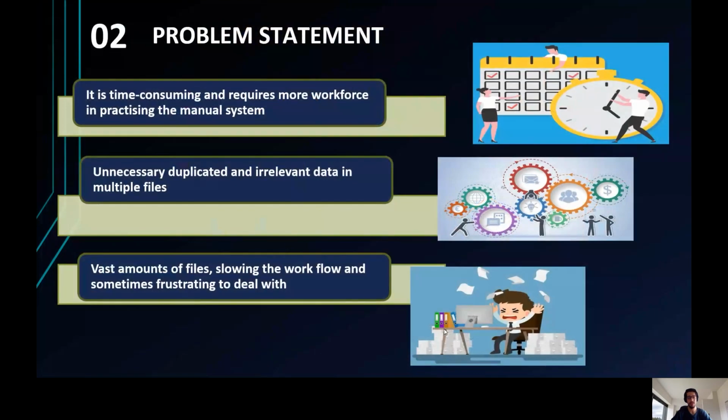The problem statement is that some universities are still using a manual system such as Excel worksheets, and this is time consuming and requires more workforce. It also generates unnecessary duplicate files, which can be frustrating and annoying to work with, and these files can sometimes get messy.